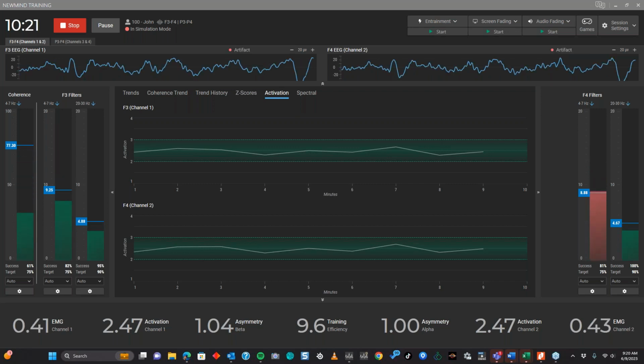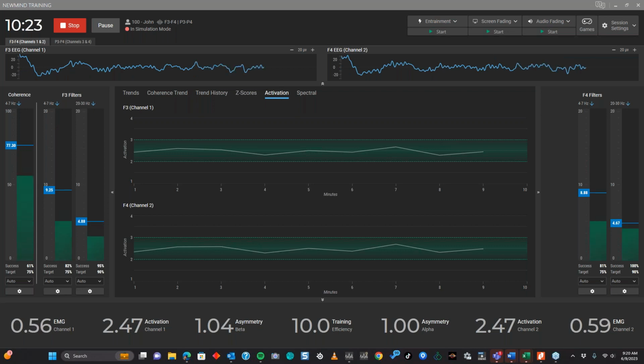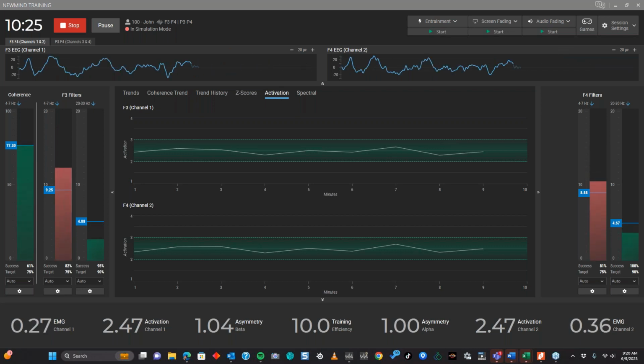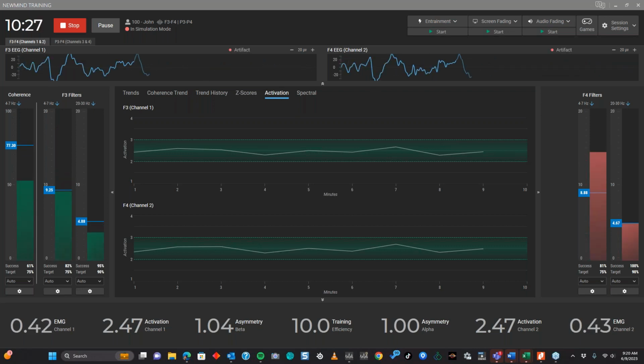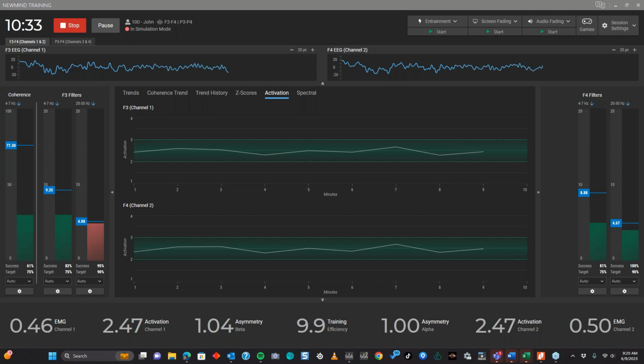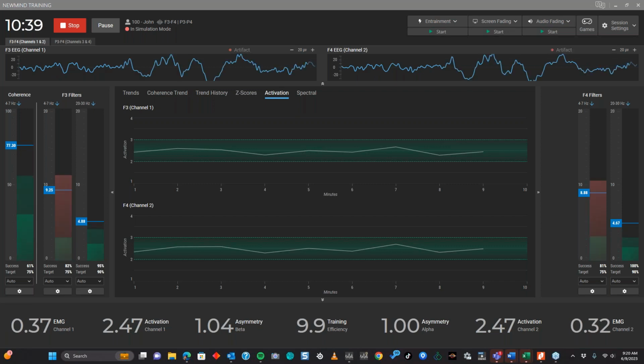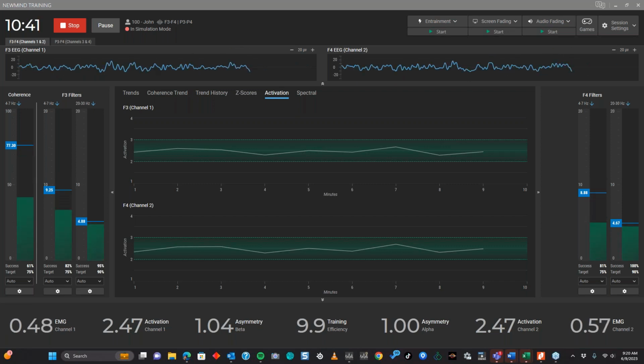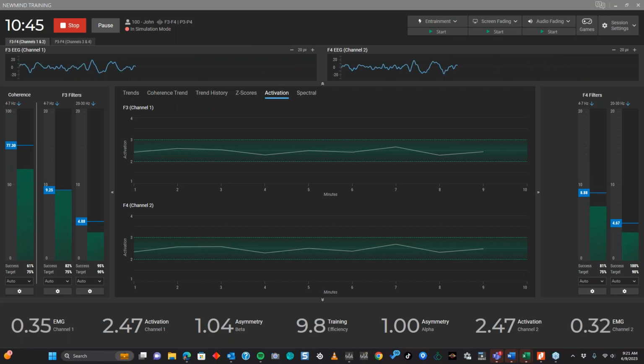The reason for that is that the protocol is designed to train delta, theta, and alpha down. So it's basically a squash protocol, or I would actually say more like a mini squash because it's not touching any of the betas. Whenever you're running a squash protocol, you're asking the brain to do a tremendous amount of work. We're asking it to reduce 3 out of the 4 major component bands, which some people can do.